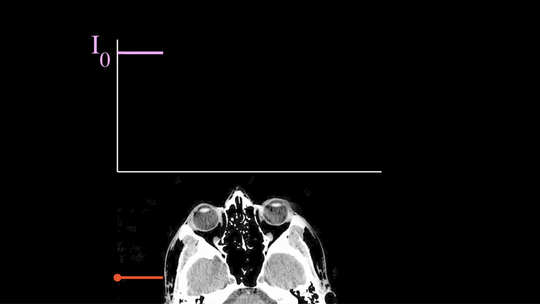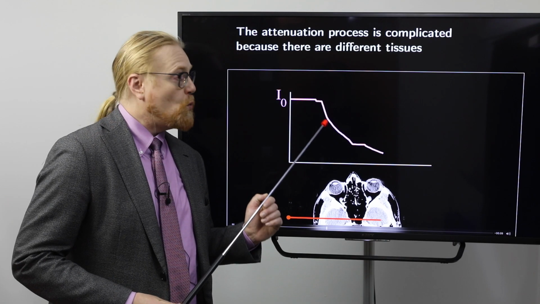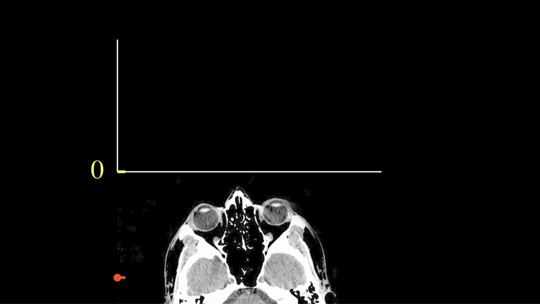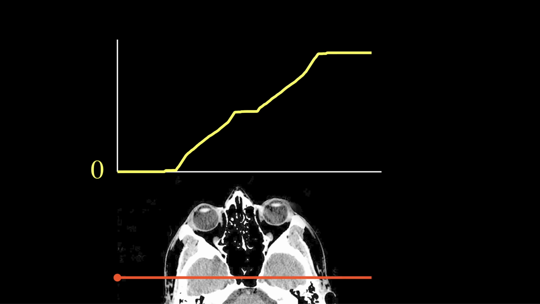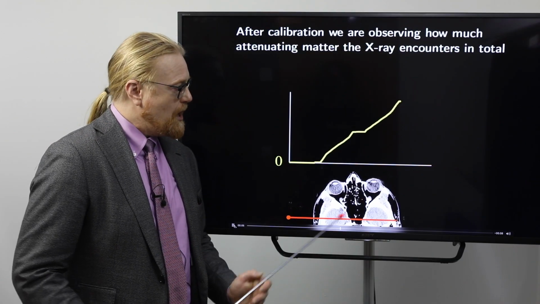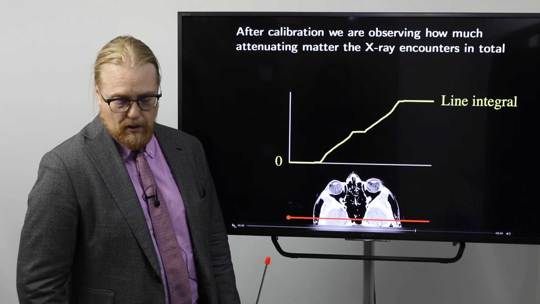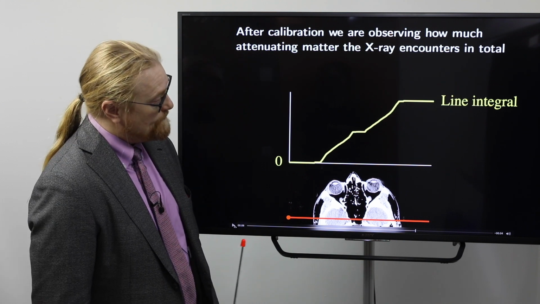Let me explain how. When the X-ray is traveling through the human head, it's getting weaker depending on what kind of tissue it's encountering. Then actually we can use a mathematical trick based on logarithm to make the ray actually measure how much stuff in total did it encounter on its way through the head.